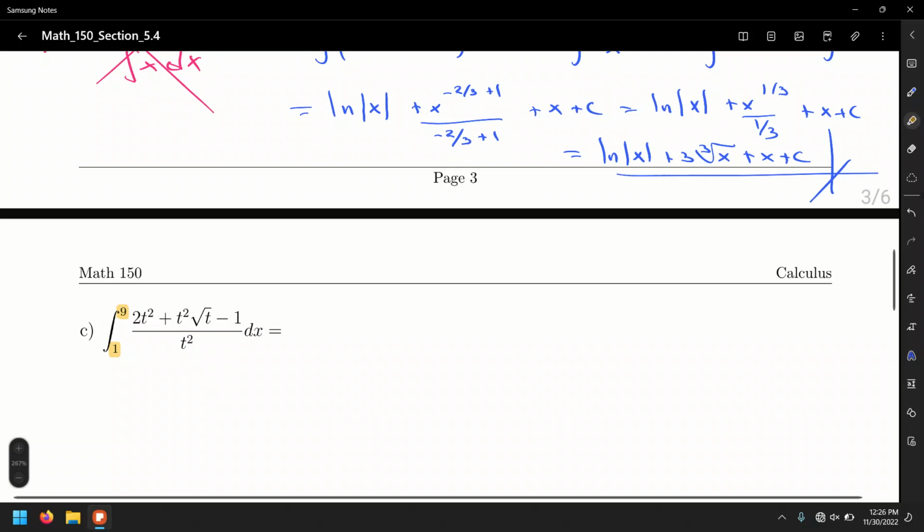And again, from the beginning of the section which we discussed last time, recall that the result of doing the indefinite integral is a new function, while the result of doing a definite integral, that is an integral containing limits, is just a number, and that value represents the area under the curve for this function within the limits 1 and 9. All right, so let's go ahead and do this integral.